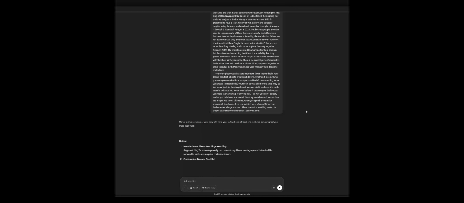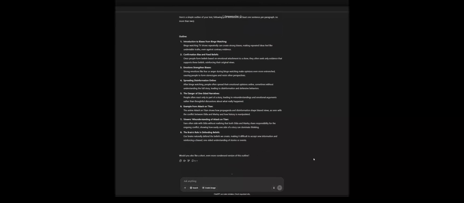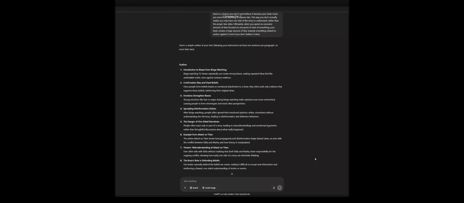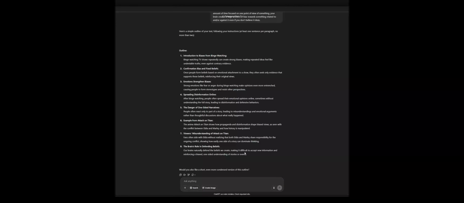And then we'll paste that in. No, I would not like it shorter still. So this is perfect. So we've got an outline here.